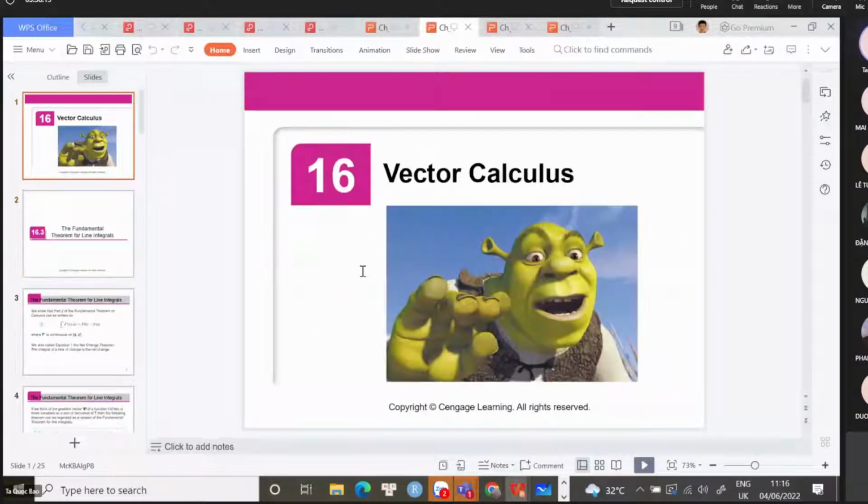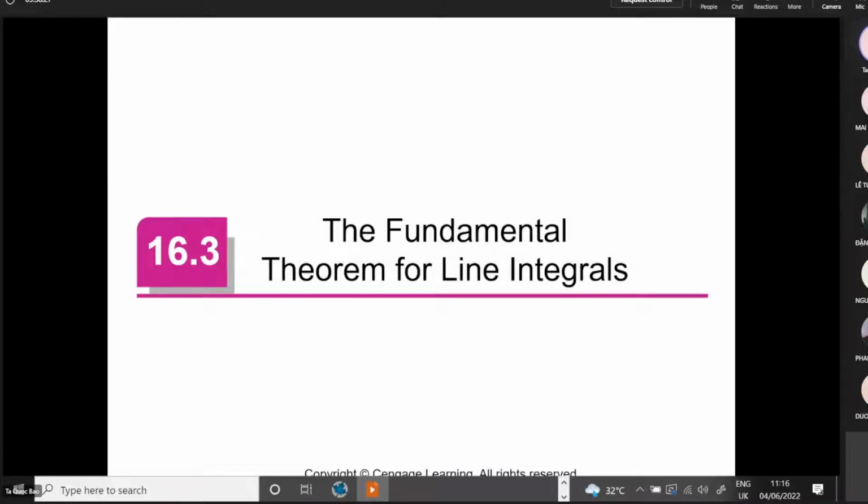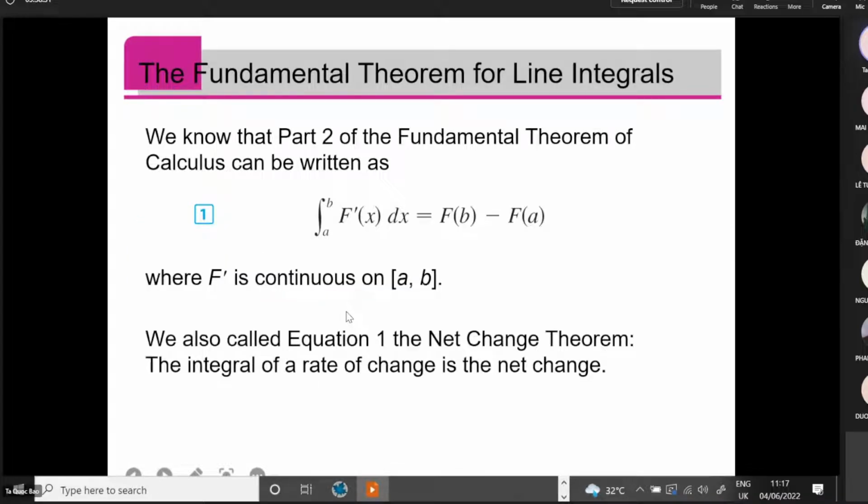Okay, so we study this section: the fundamental theorem for line integrals. This is very important. Look back to integration in calculus 1. We have the integral from a to b of the derivative f'(x) dx, which is exactly equal to f(b) minus f(a).